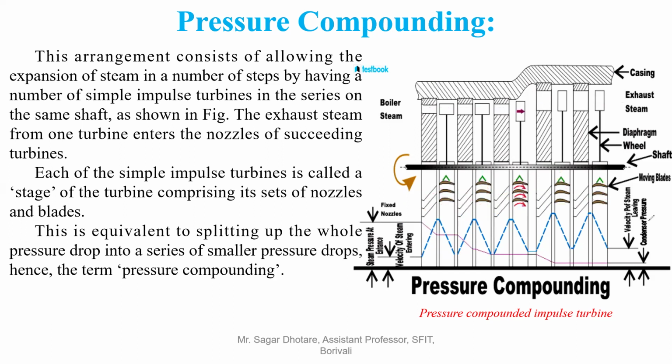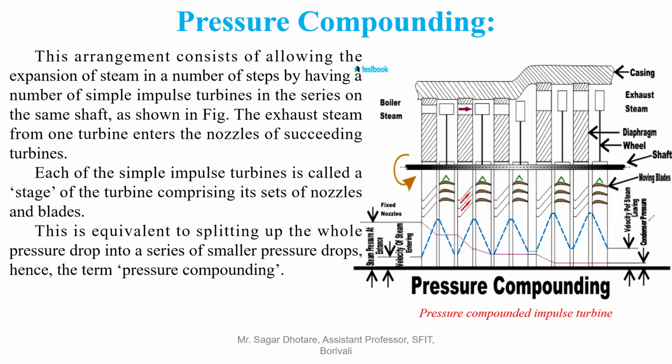You can look at the diagram, which shows the longitudinal section and the variation of pressure, velocity, and specific volume of the steam for a pressure compounding turbine. It consists of one row of fixed blades at the entry of each row of moving blades. The total pressure drop of the steam, instead of being through a single nozzle, is divided into different rows of fixed blades, which work as nozzles.